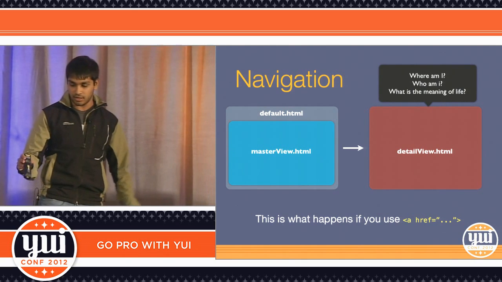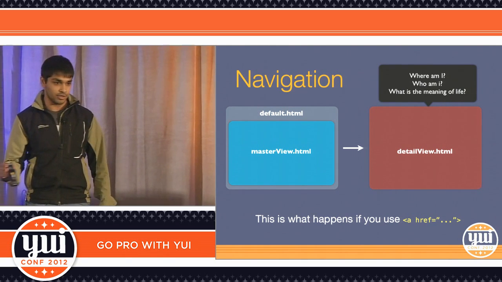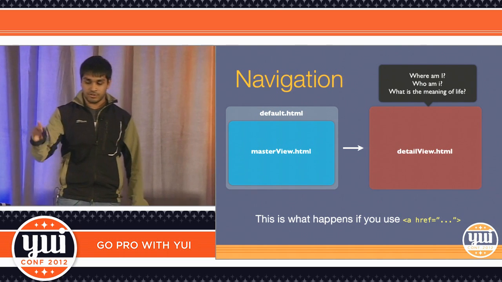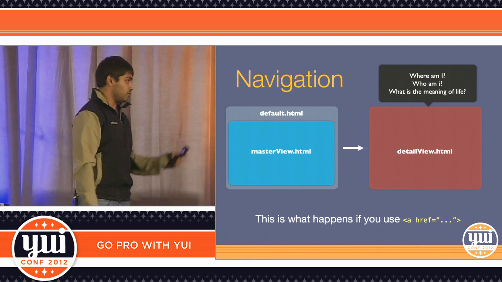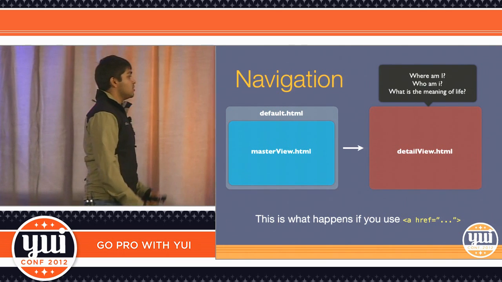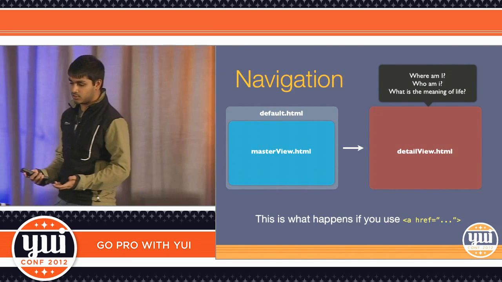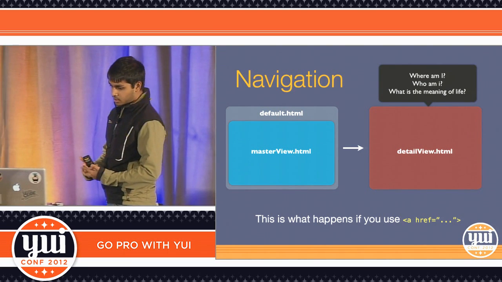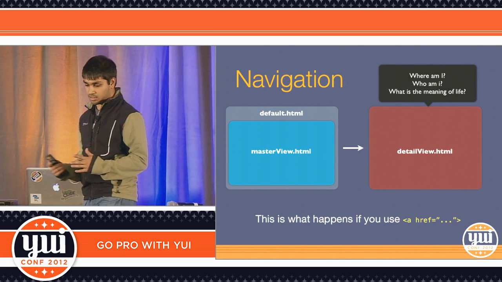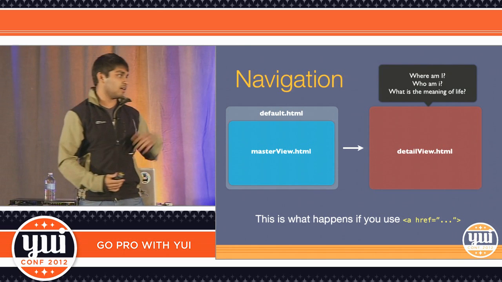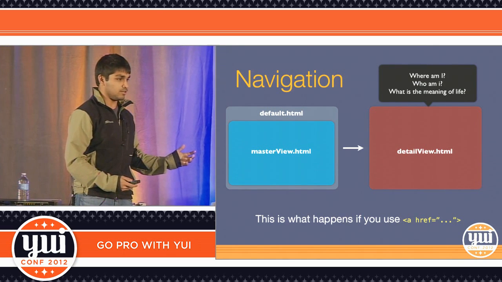If you click on a link and it had an href to detailview.html, suddenly that page loads, but there's no shell anymore, right? There's no default.html shell around that page. So that page basically has no idea of any WinJS APIs or any on-device APIs at all. So there's no way to navigate back from that page to the previous page, essentially.